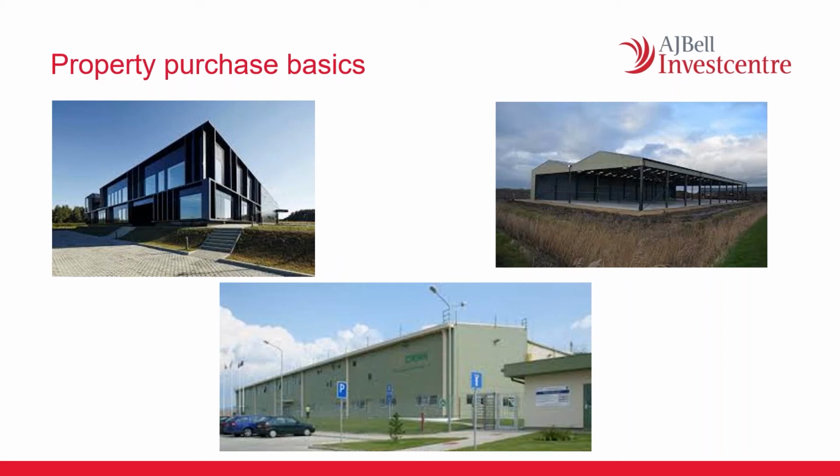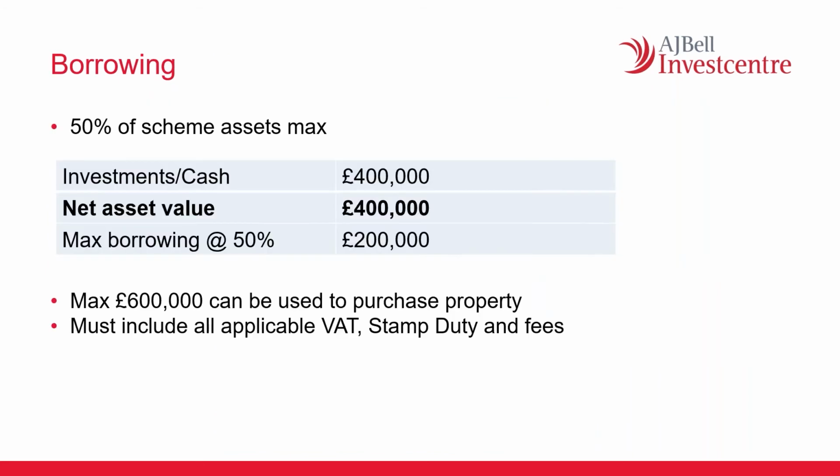When it comes to purchasing property, it is possible for a pension scheme to borrow to help fund the property purchase. Technically, a pension scheme can borrow for any purpose, but a lot of schemes will restrict it only for property purchase, and that's certainly the case with Investcentre.